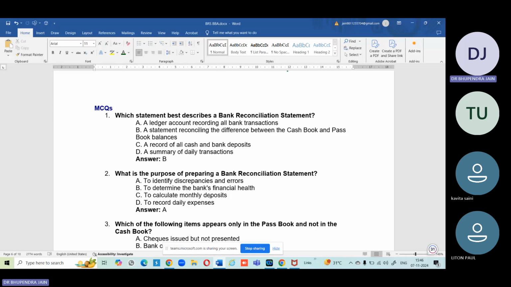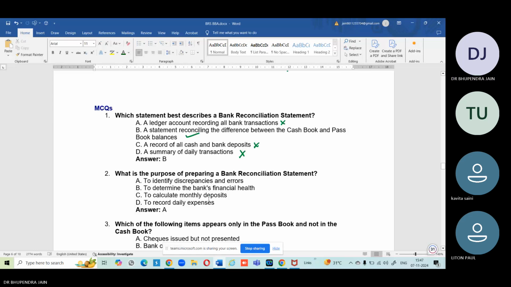In the bank reconciliation statement, we find out the reasons for the difference between balance as per cash book and passbook. Check करते हैं. Number first, a ledger account recorded all balance transactions, no. A statement reconciling the difference between the cash book and the passbook, yes. A record of all the cash and bank deposits, no. A summary of daily transactions, no. So now the correct answer is B.